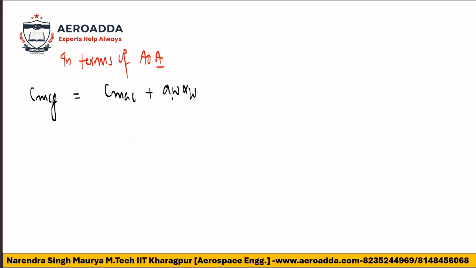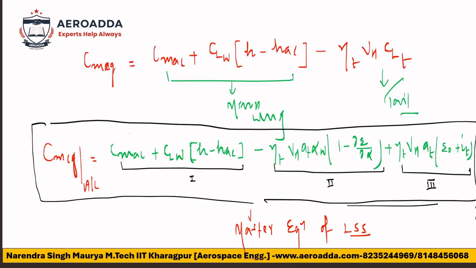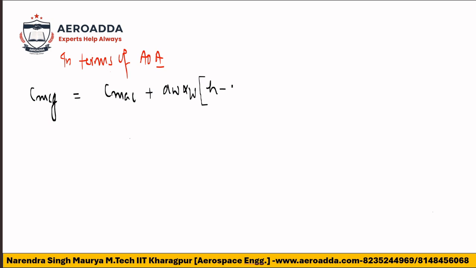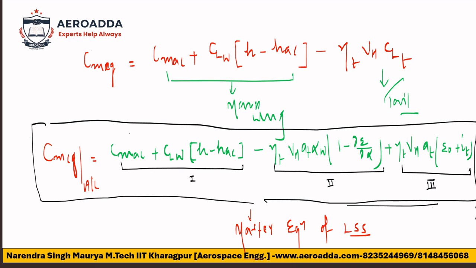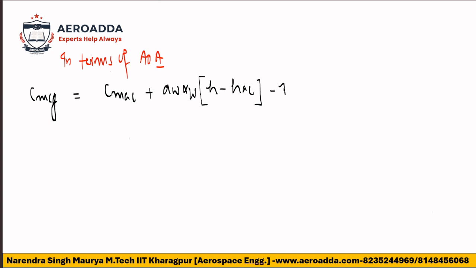There should not be any confusion. AW is the slope of the wing, alpha W is the angle of attack of the wing. And here, in the bracket, what you have? You have H minus HAC. Then you can write eta T minus, as it is, eta T VH AT alpha W. Please concentrate here.